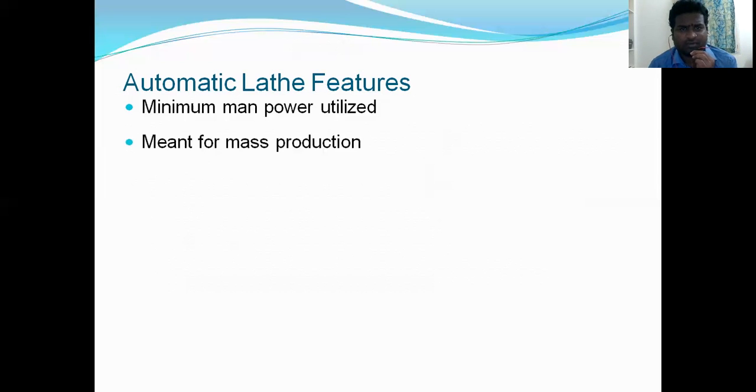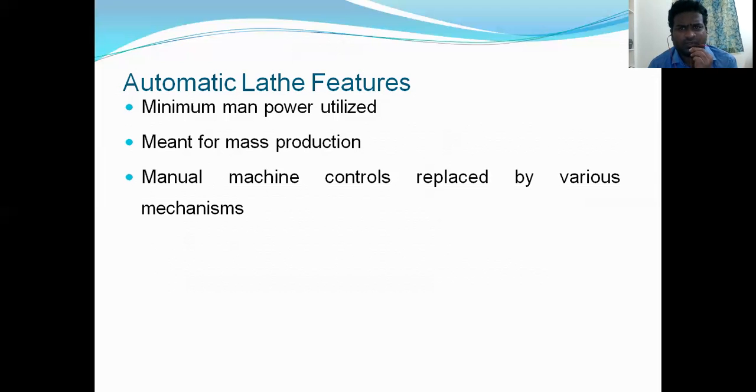This is meant for mass production. So the automatic lathe is used for mass production. Mass production means identical, similar parts, so many can be produced. That's why it is called mass production, right?